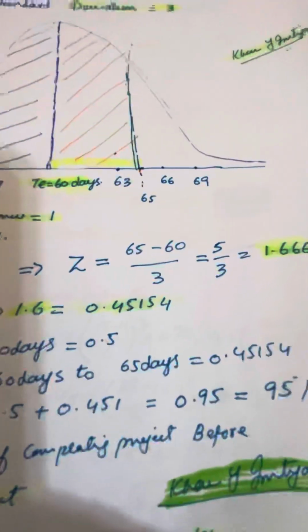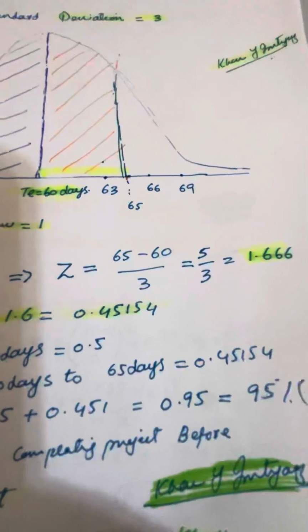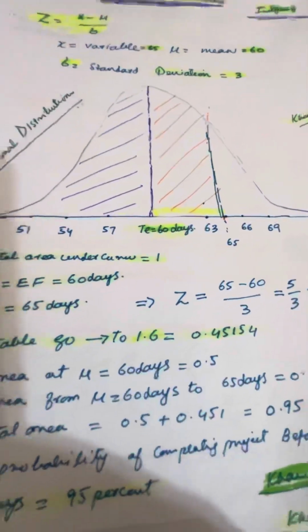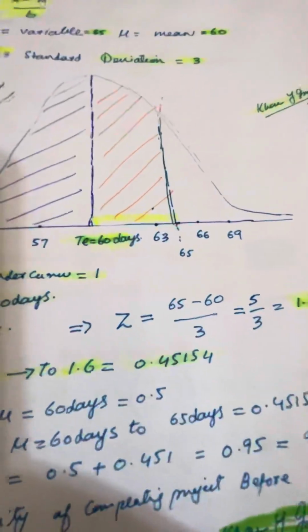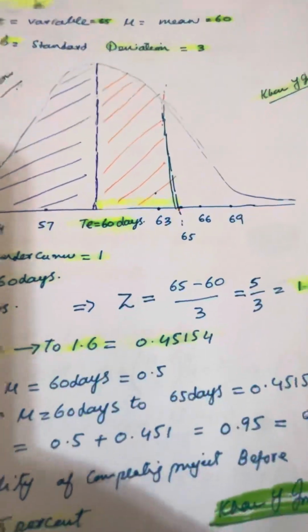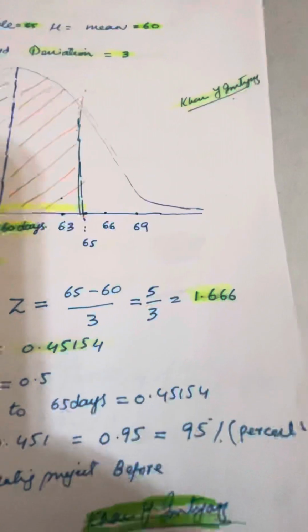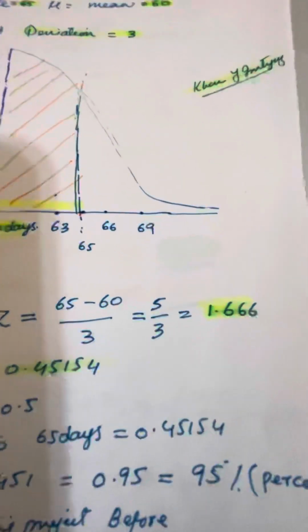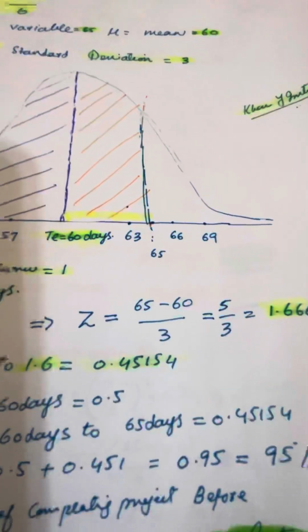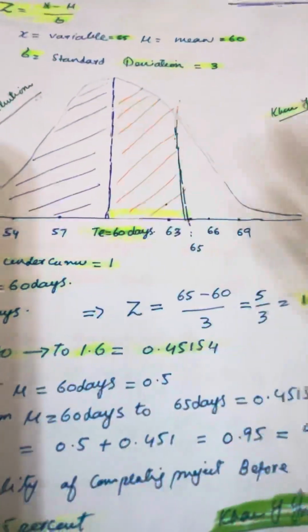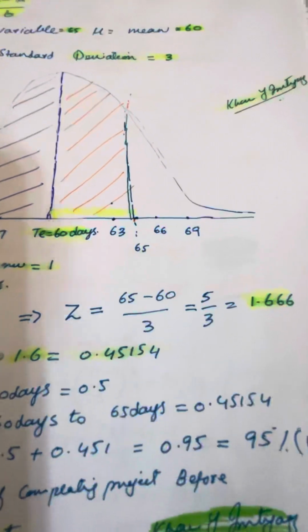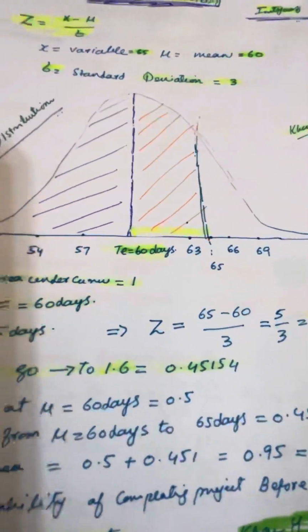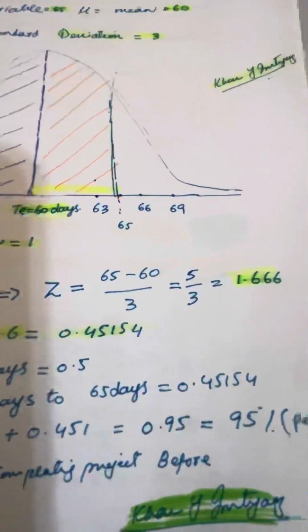If you know maths or statistics well, 0.5 means 50%, 0.4 means 40%. It's actually dividing 1 into 10, 20, 30 and so on.